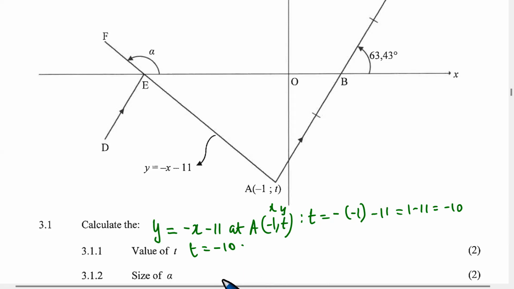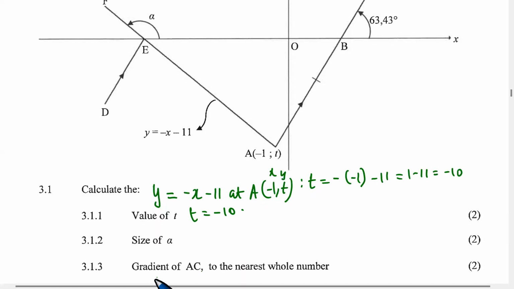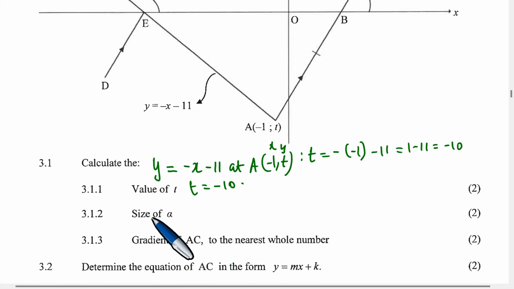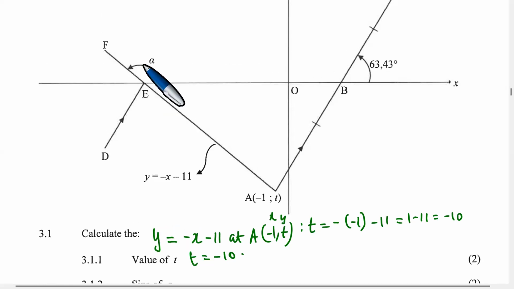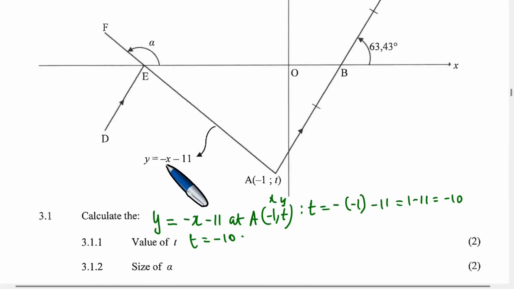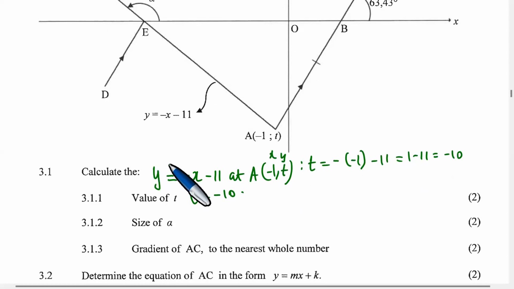Okay, next, we want to find the size of the angle alpha. What is the size of alpha? Alpha is this one here, and we can see the equation of the line that is making the angle alpha as an angle of inclination, y = -x - 11.